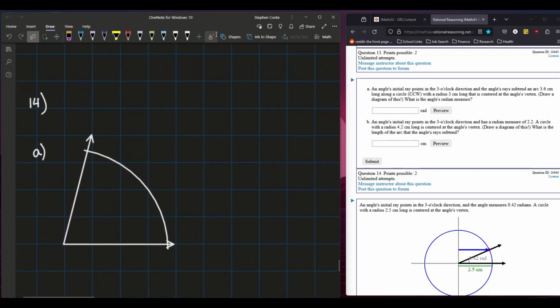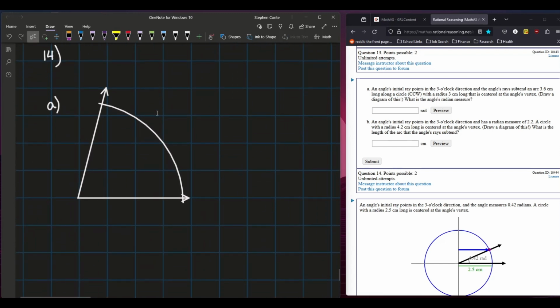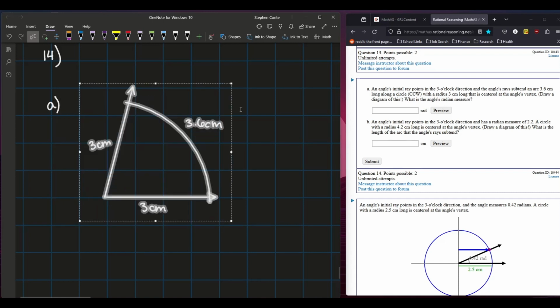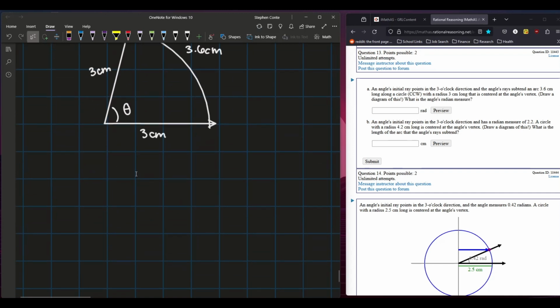Right, so I have some arc. We'll say that this is 3.6 centimeters long, and the radius is 3 centimeters long, which means that this is also 3 centimeters long, right, because we're along a circle. And we want to figure out what? We want to figure out theta.